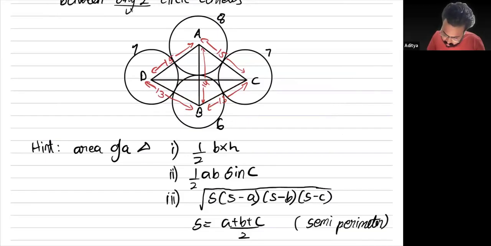We find that this angle over here must be 90 degrees. And if it is 90 degrees, then this length DC is twice the height of this triangle ABC.